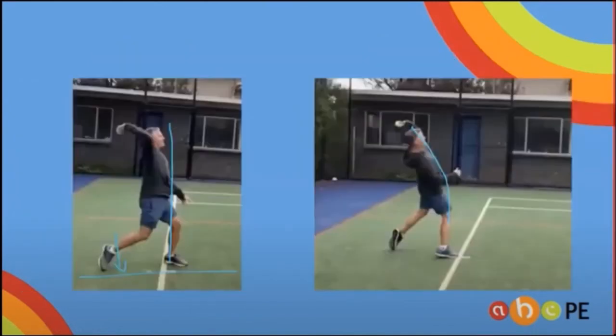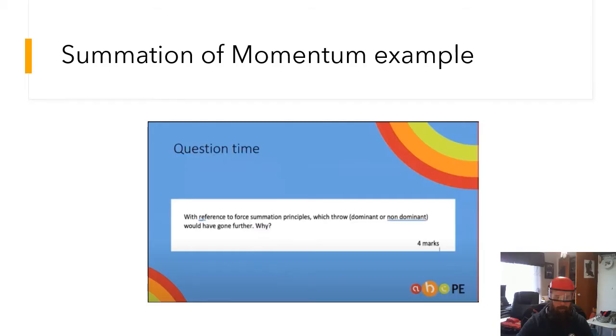And as you can see there, in his left-hand throw, balance and sequencing are nowhere near as strong. Before we skip on, see if you can have a go at that question. With reference to the force summation principles, which throw, dominant or non-dominant hand, would have gone further and why? Just have a go at that question in your own time.